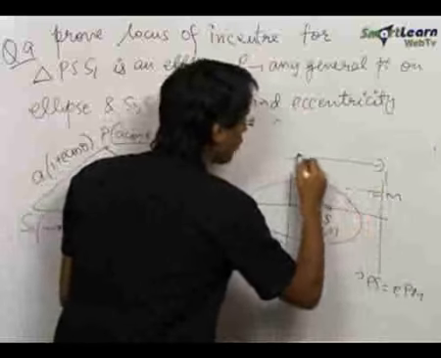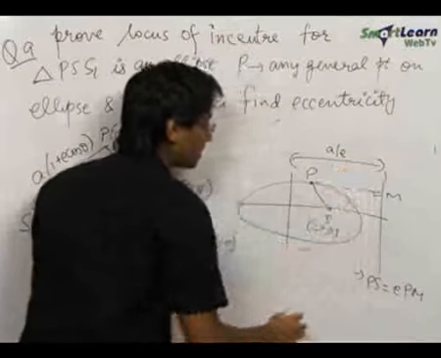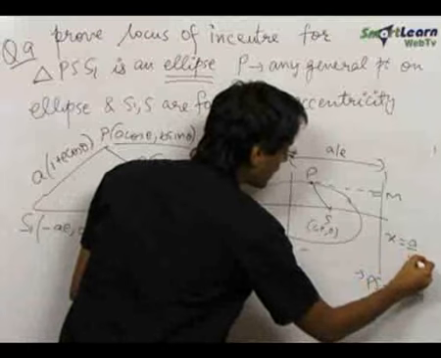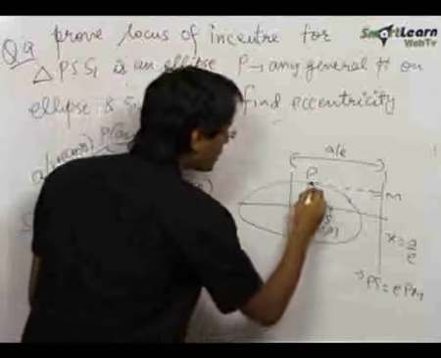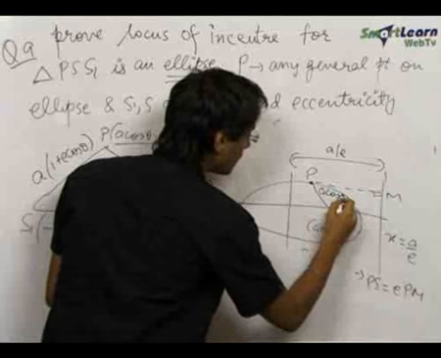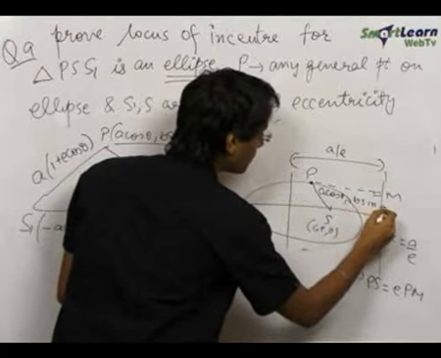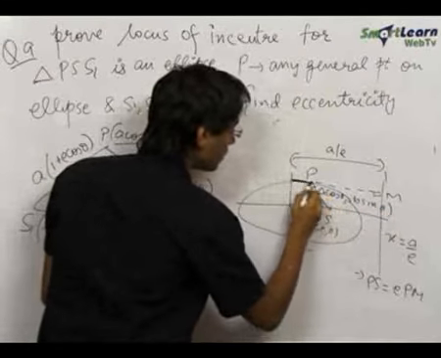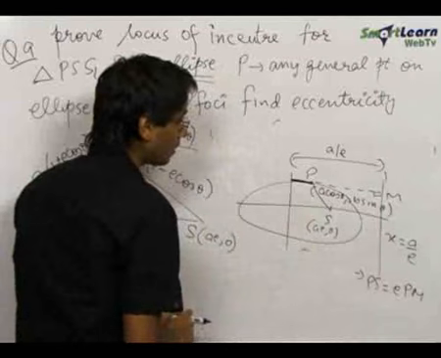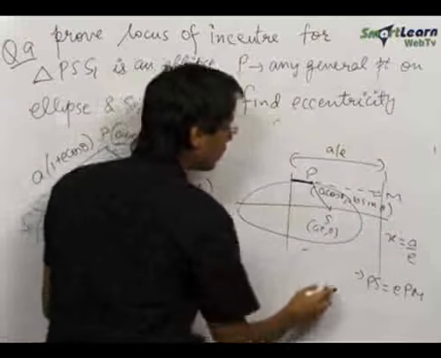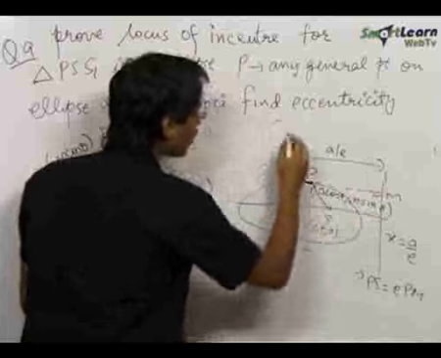This entire distance we know is equal to A by E, since the equation of directrix is x equals A by E, and this point is A cos theta comma B sin theta. So this will be equal to A cos theta, and hence PM is equal to A by E minus A cos theta.